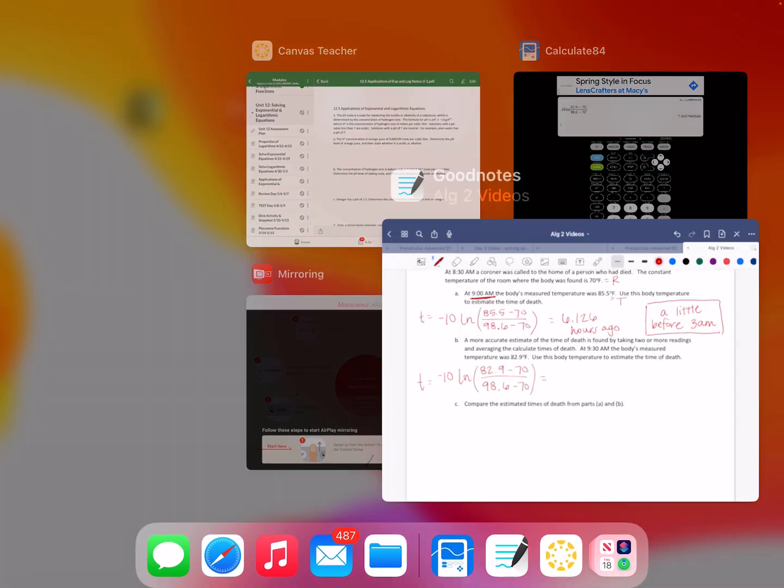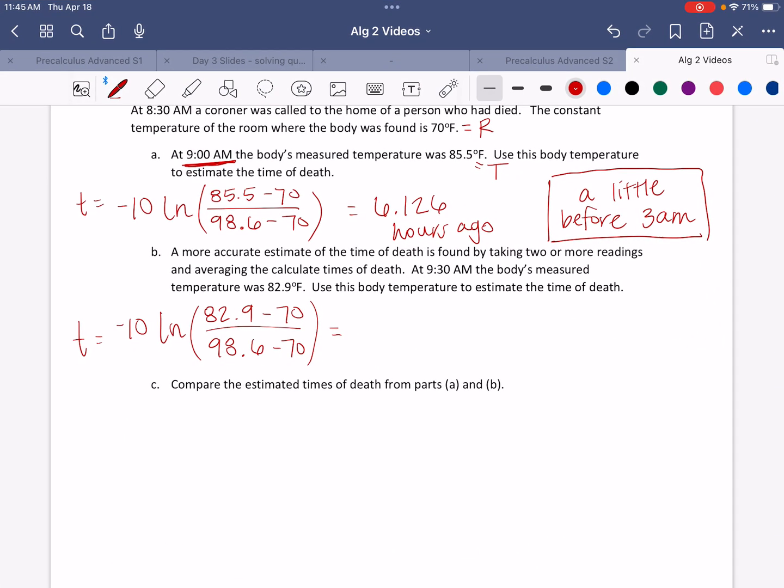So that means almost 8 hours ago. 7.962 hours ago, and this is from 9:30 a.m. So let's see. Almost 8 hours before 9:30 a.m. would be around 1:30.